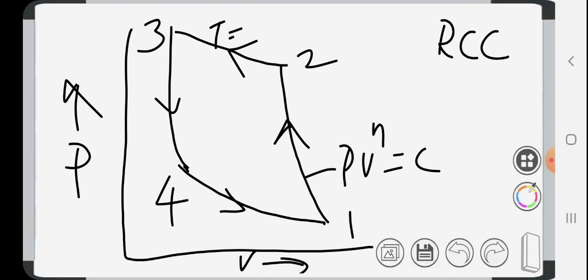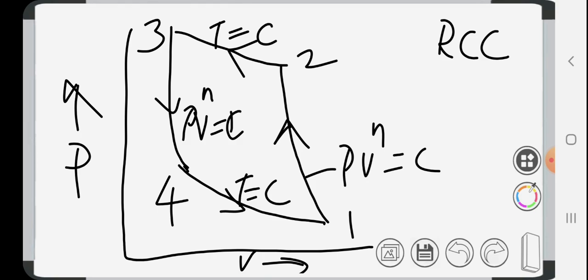This is reversible isothermal compression, T equal to constant. This is PV raised to n equal to constant, reversible adiabatic expansion. And this is again T equal to constant, reversible isothermal expansion, right?